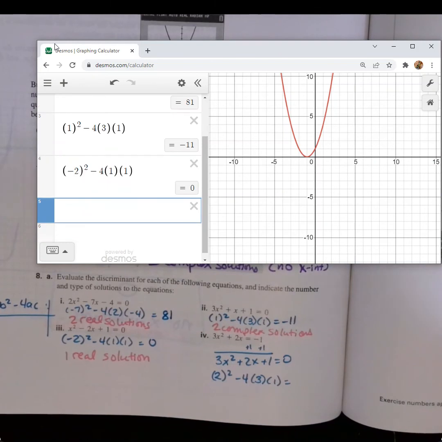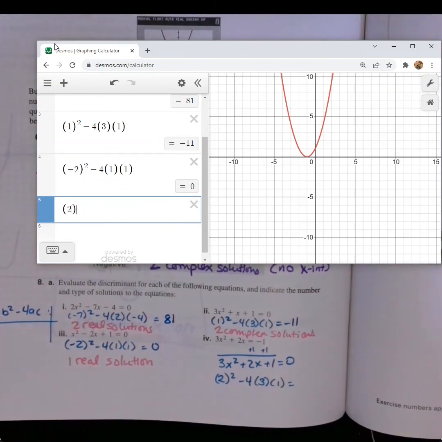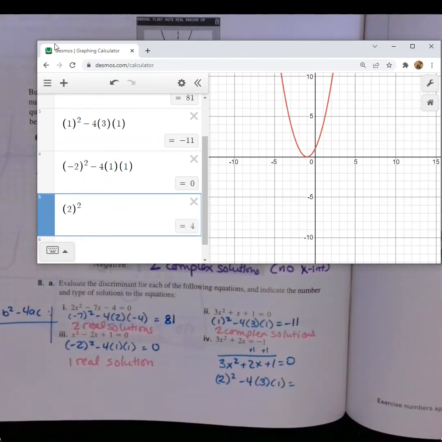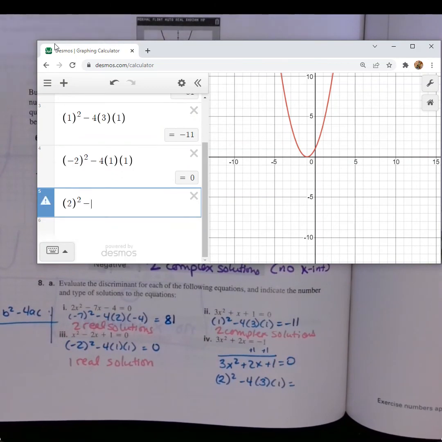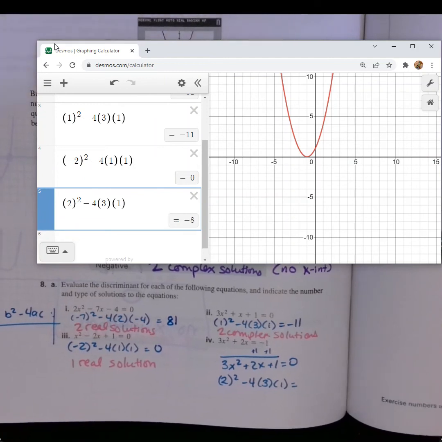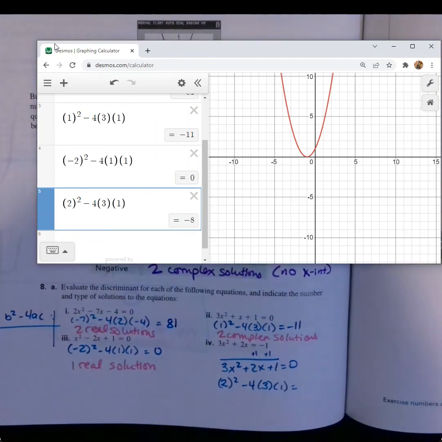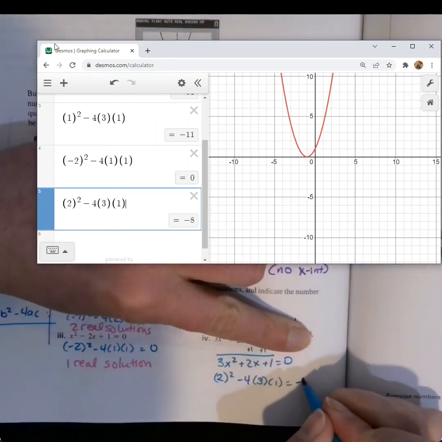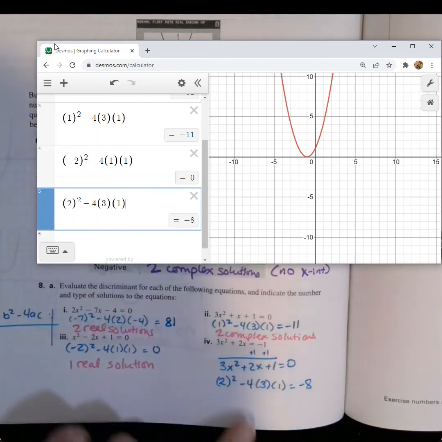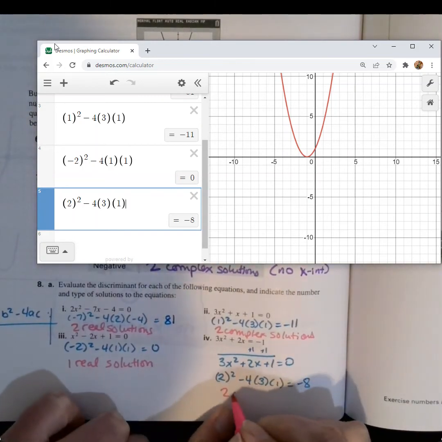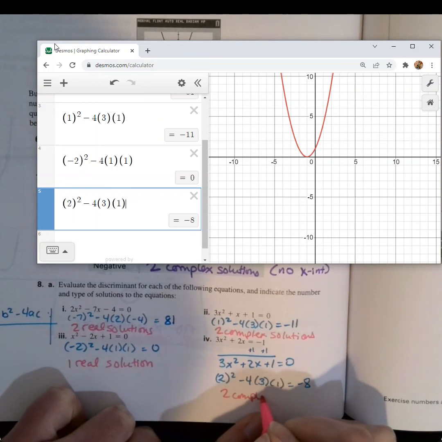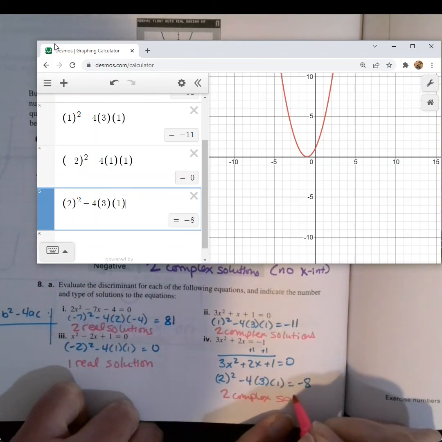And I get 2 squared minus 4 times 3 times 1, which is negative 8. And so I know that I'm going to have two complex solutions.